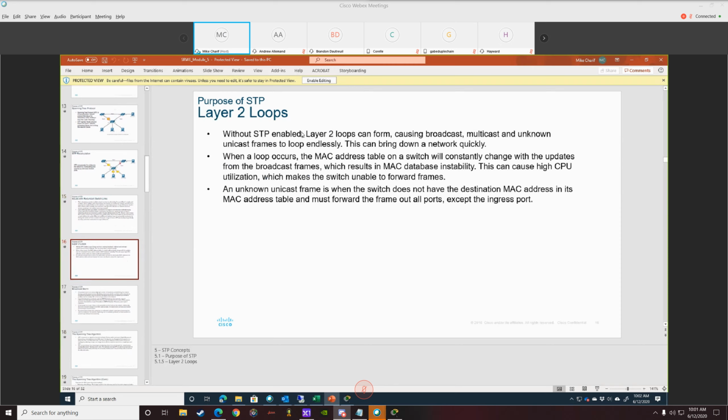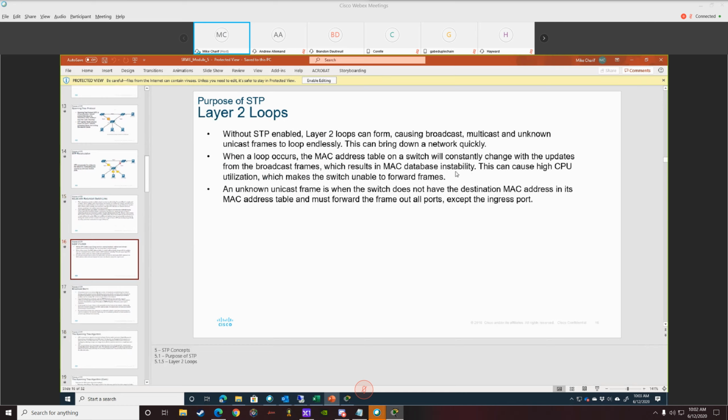And again, without STP enabled, layer 2 loops can form, causing broadcast, multicast, and unknown unicast frames to loop endlessly. And this is going to eat up all the resources on the switches. That's what we talked about here: changes and updates from the broadcast frame, which result in MAC address and MAC database instability.